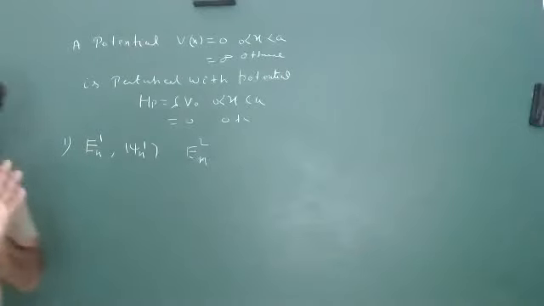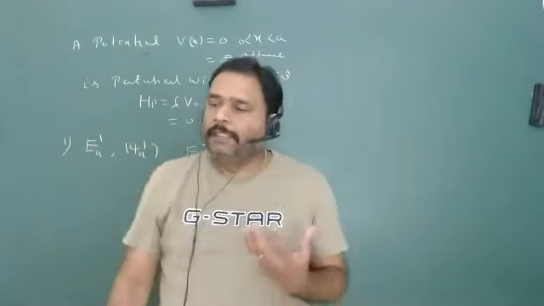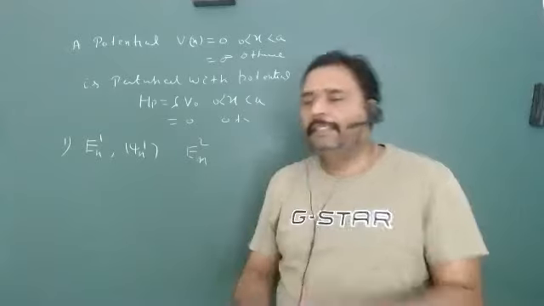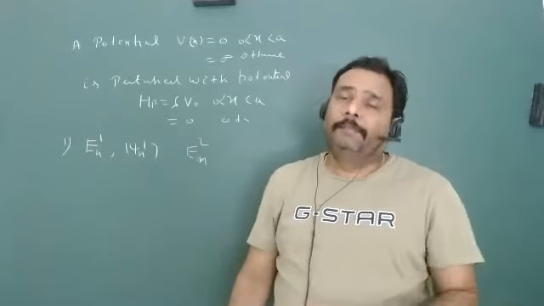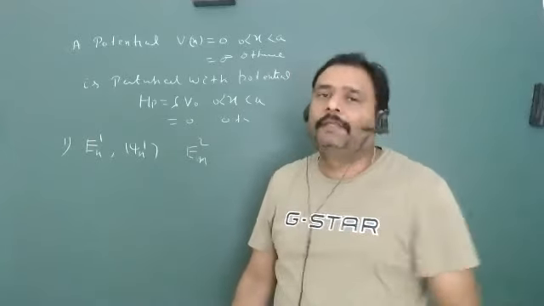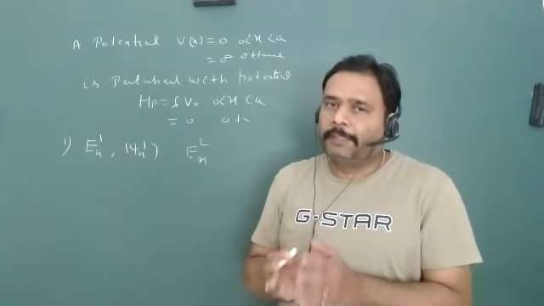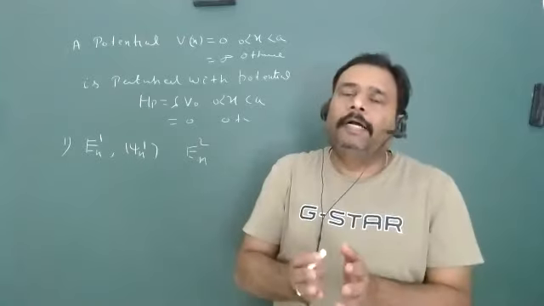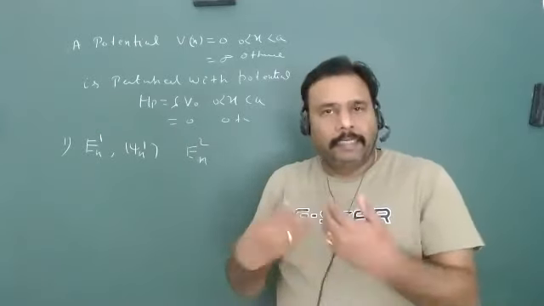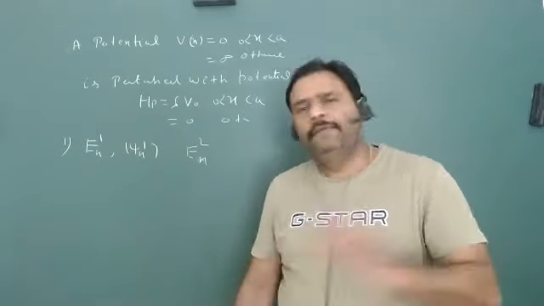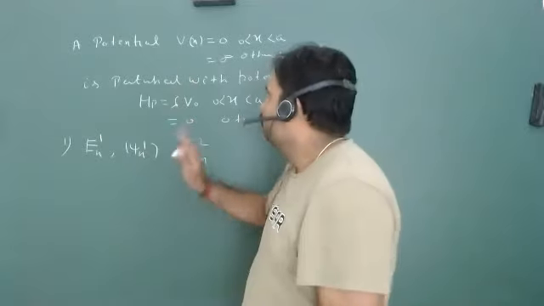Now, please note one more thing. The examiner will never tell you that this is your particle in a box. You have to identify, yes, this is my particle in a box. And once you identify the unperturbed system, then you have to get the energy eigenvalue and eigenfunction, and we know what the energy is. So which kind of perturbation is there?